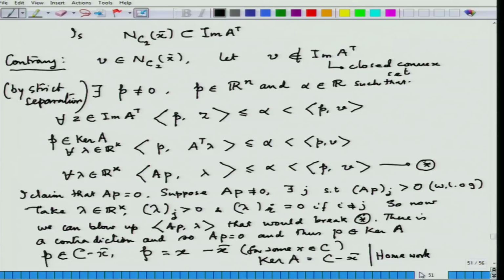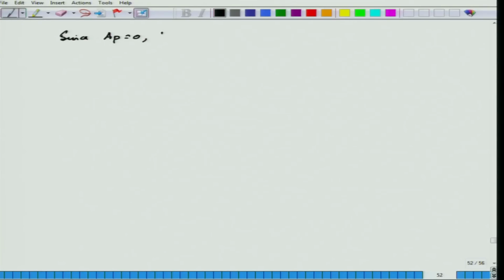So, what I now get is that once I have AP is equal to 0, I will get P of V strictly greater than 0. Since AP is equal to 0, we have PV strictly greater than 0, but P is equal to x minus x bar.